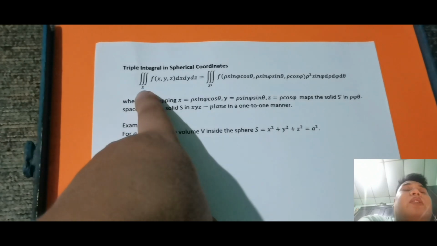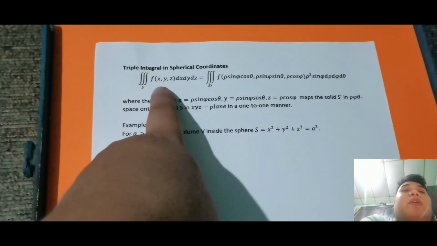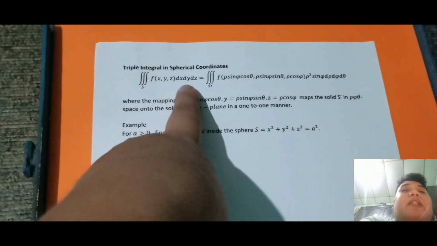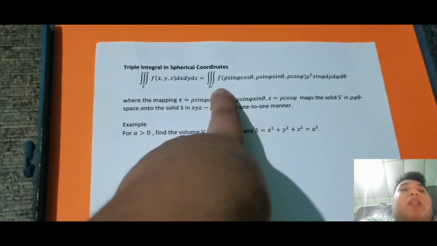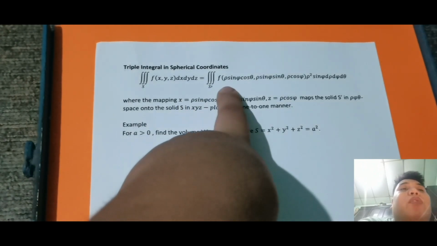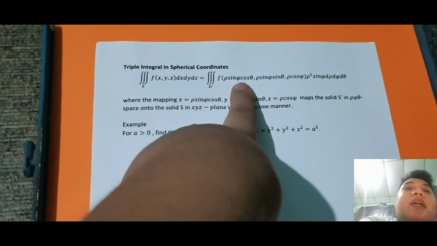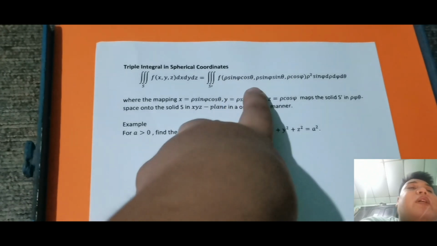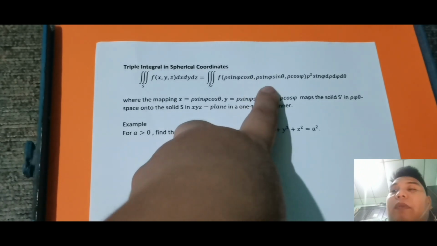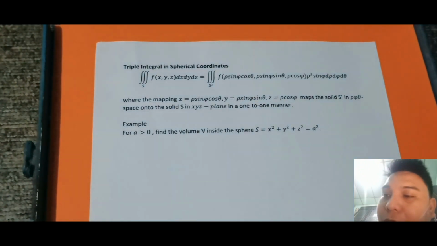So, that is the triple integral along the solid S of f of x, y, z dx dy dz is just equal sa triple integral along the solid S prime of f of rho sin phi cosine theta, rho sin phi sin theta. Kung naman yan, nakalimutan ko na yung basa.